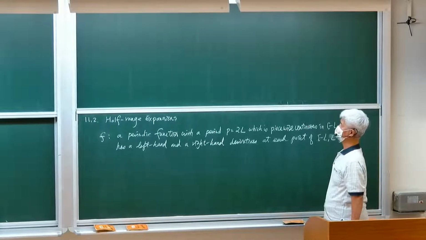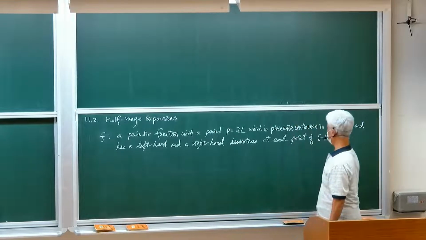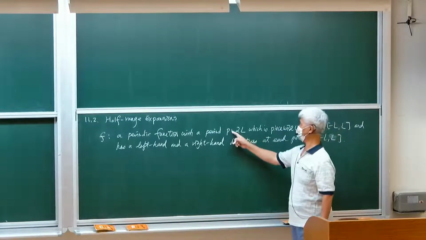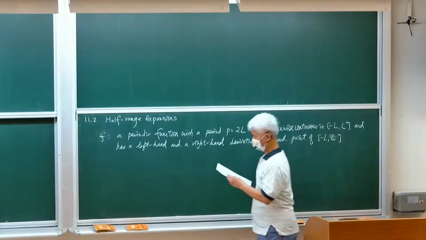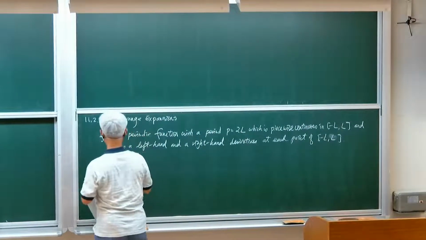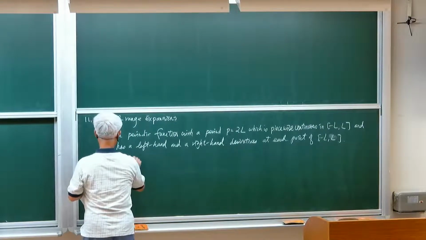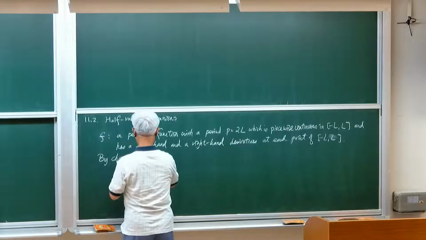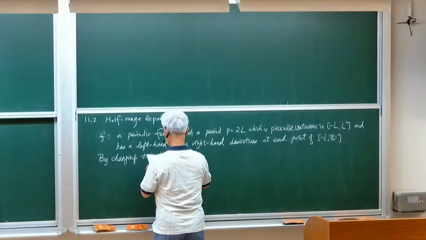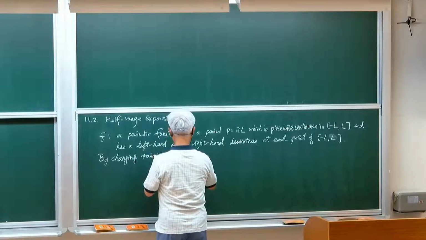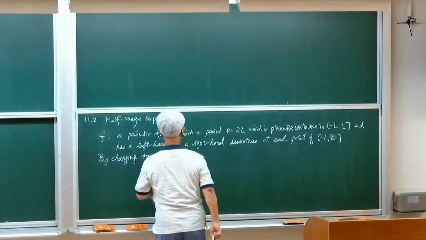Okay, so when we consider a periodic function with period p, which is equal to 2 times L, now by changing variables x equal to L over pi times v here.